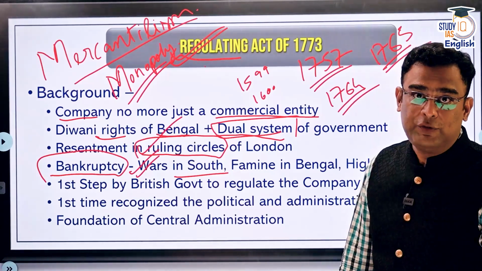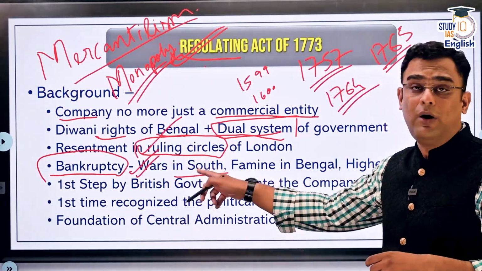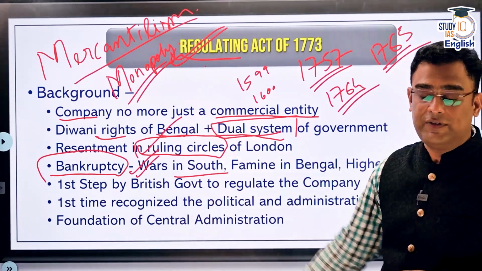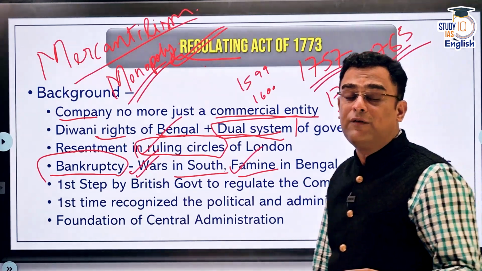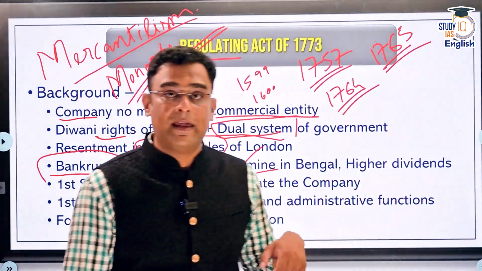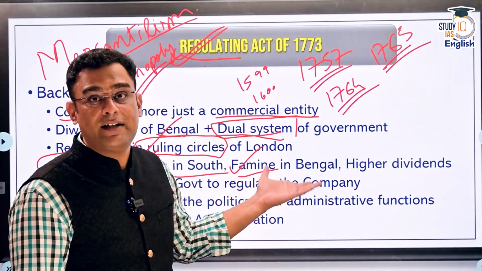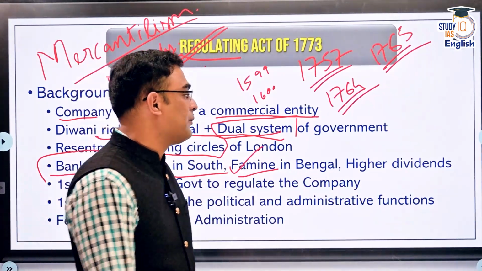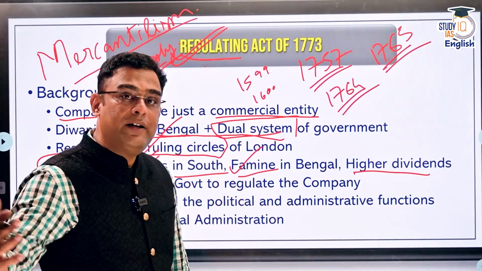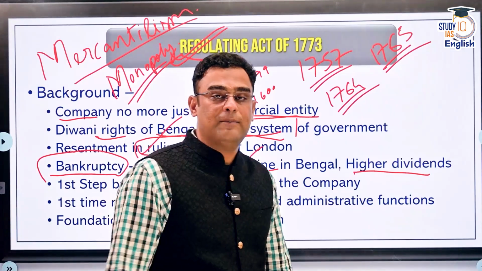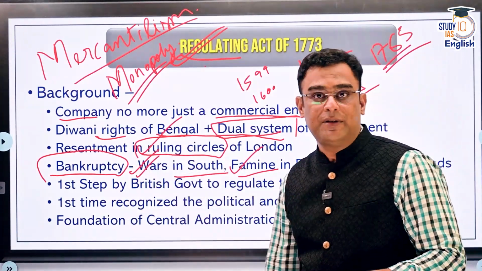Wars with Tipu Sultan, wars with the Marathas, all of that had taken a big toll on the East India Company's coffers. Second, the famine in Bengal had created a lot of crises regarding revenue. They had acquired the power for revenue, but then famine had created a lot of practical challenges. And third, the higher dividends that were being paid to the shareholders of the company. All of this combined together to make the company bankrupt.